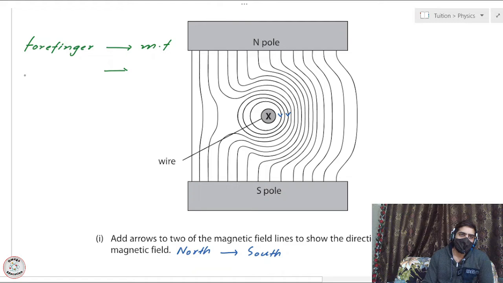Your middle finger should be in the direction of current, and your thumb will point towards the direction of force.